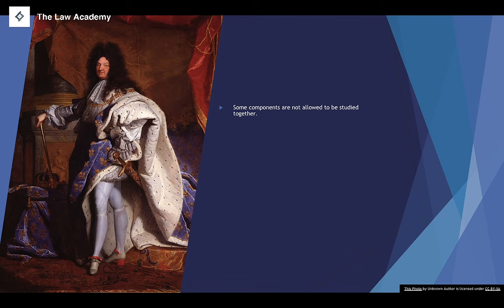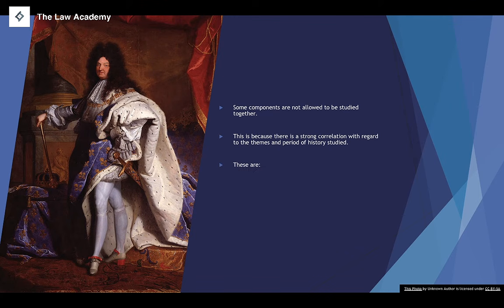So there are some components that are not allowed to be studied together, and this is because there's a strong correlation with regard to the themes and the period of history studied. If you were to study two of these components together, you would only be studying a very limited range of history from a very limited period, a limited century, and probably a lot of crossover and overlap between the kinds of histories that you're studying.